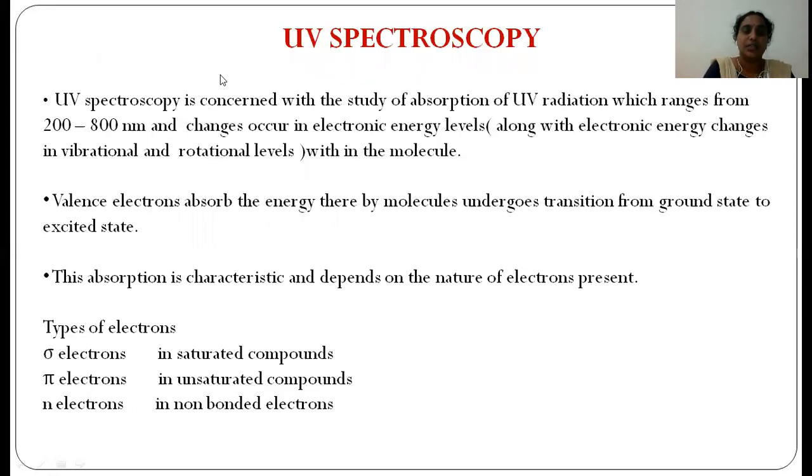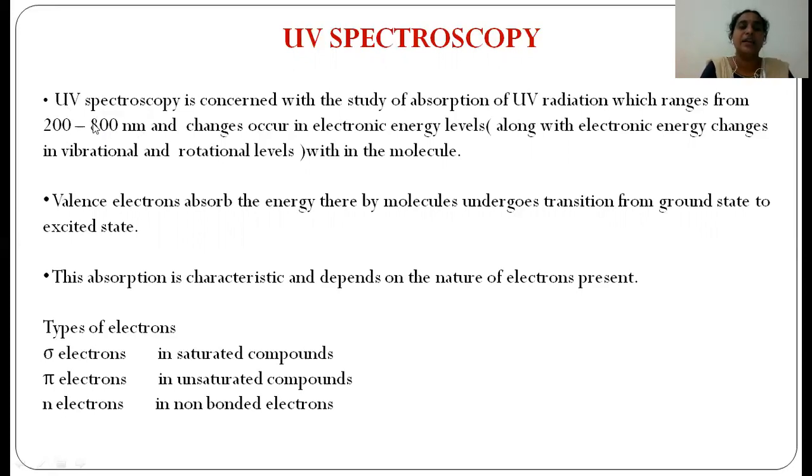So till now we have studied the introduction of spectroscopy. Here, UV spectroscopy is concerned with the study of absorption of UV radiation by matter. This radiation range is 200 to 800 nanometers. 200 to 400 nanometers is called ultraviolet radiation, and 400 to 800 nanometers is called visible radiation.